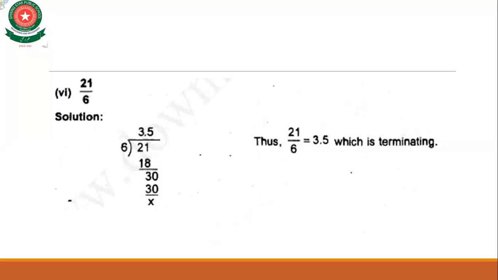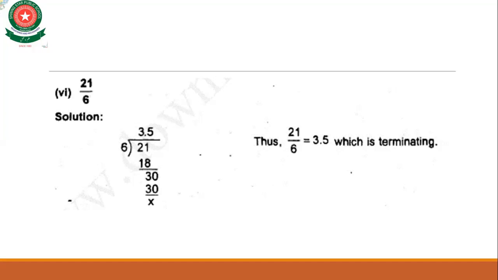Now the part number 6 is 21 by 6, and the solution is we will put 21 inside the square root and 6 outside the bracket. Then we have to multiply 6 with 3 to get 18.